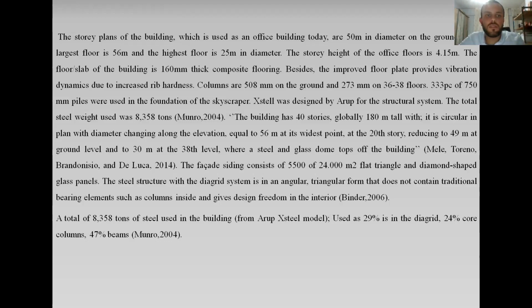The storage plans of the building, which is used as an office building today, are 50 meters in diameter on the ground. The largest floor is 56 meters and the highest floor is 25 meters in diameter.